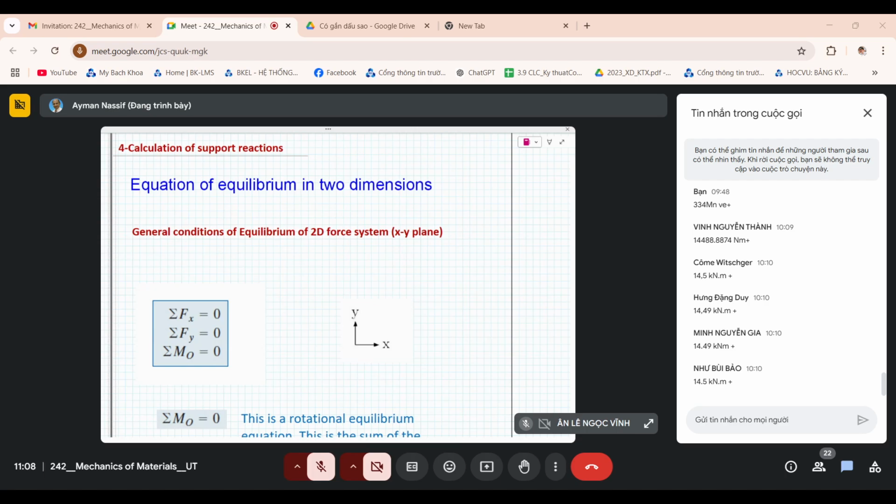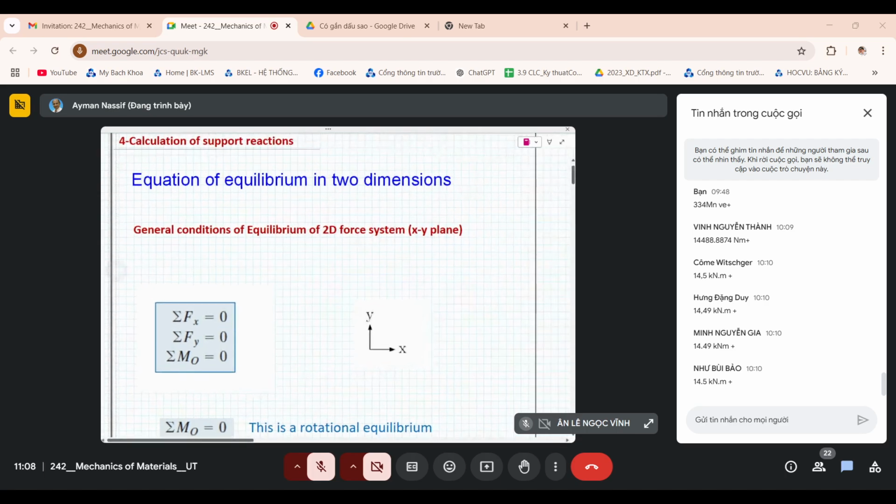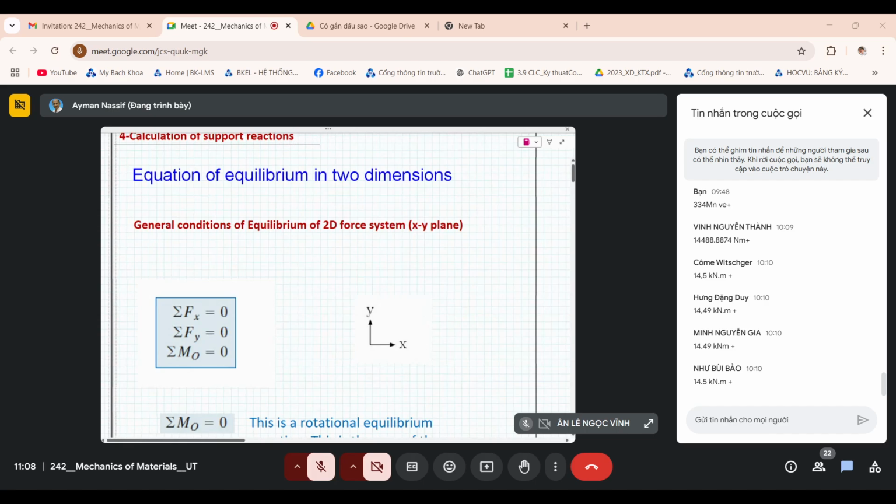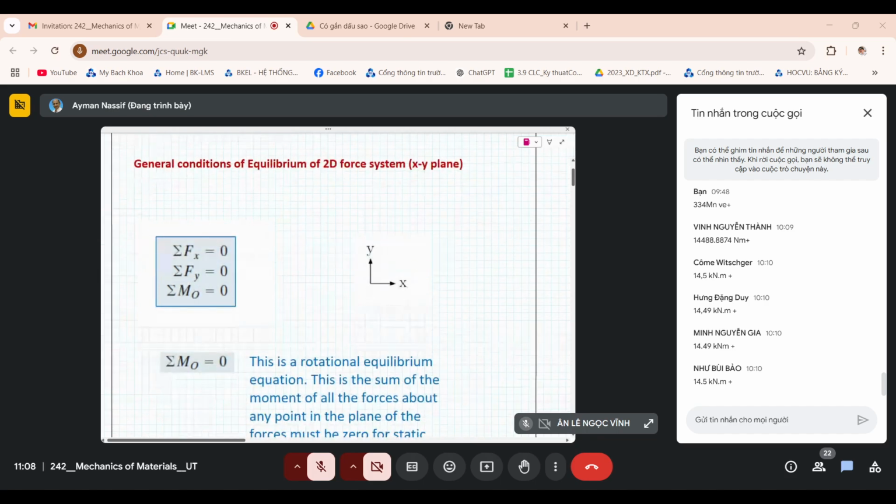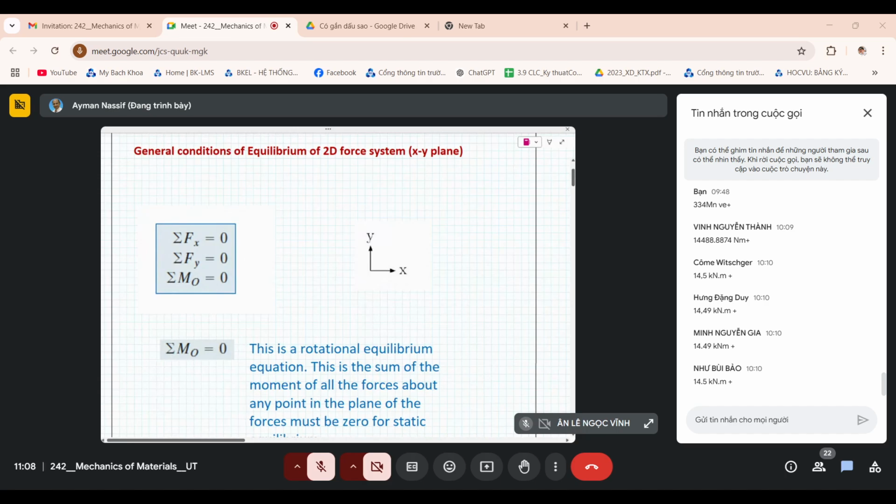So we're going to use this idea for equilibrium, static equilibrium. So equations of static equilibrium in two dimensions is what we discussed earlier, the three conditions. The sum of the forces in the x direction, we choose two directions, x and y, orthogonal directions.